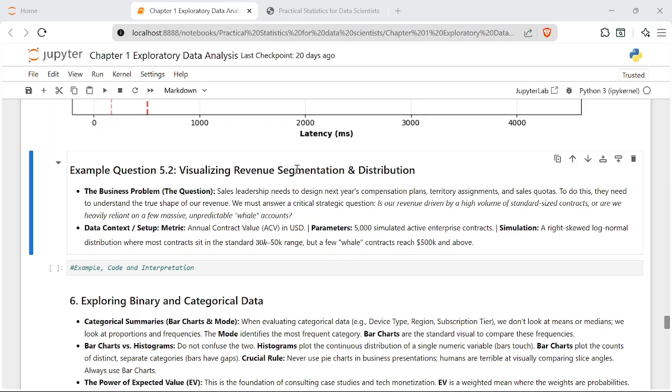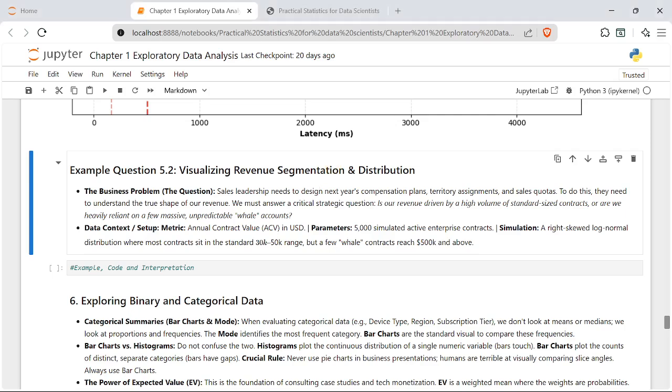Today we are going to use the data to answer a critical strategic question. Is our business driven by a high volume of standard predictable contracts, or are we dangerously reliant on a few massive unpredictable whale accounts?